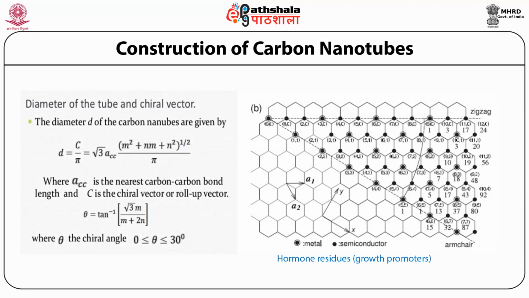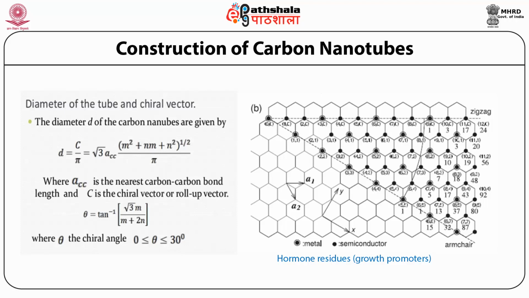As I discussed already, the structure of fullerene is a closed-like structure. But in the case of carbon nanotube, we take a graphene sheet, and in this graphene sheet, we can denote every carbon atom with a vector.